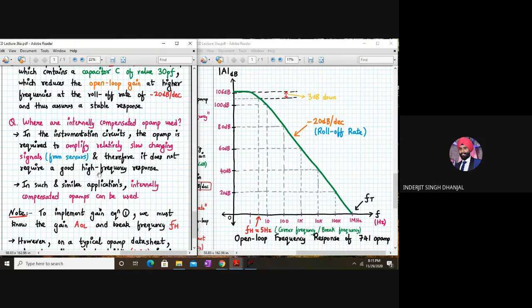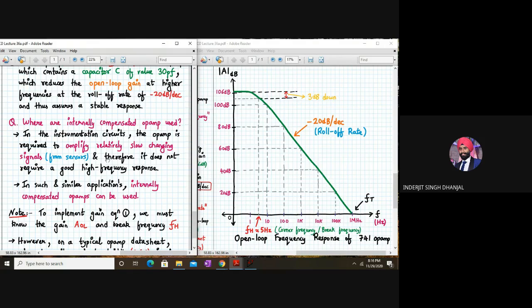So the frequency of such signals taken from real world sensors is very small. In those situations, we can use internally compensated op-amps, since they do not require a good high frequency response. Basically, we can build an amplifier with a very low bandwidth, around 5 hertz, in such and similar applications.